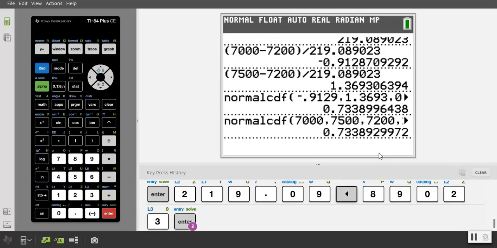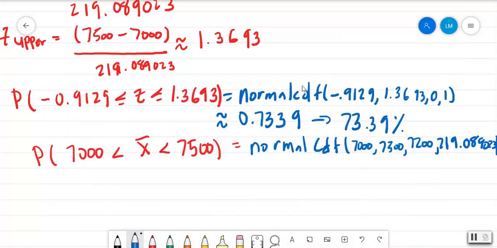Well, let's see. That is very close to what we have. It's correct up to 5 decimal places, but since I'm only using 4 decimal places, I get the same thing, 0.7339. So both answers are correct.